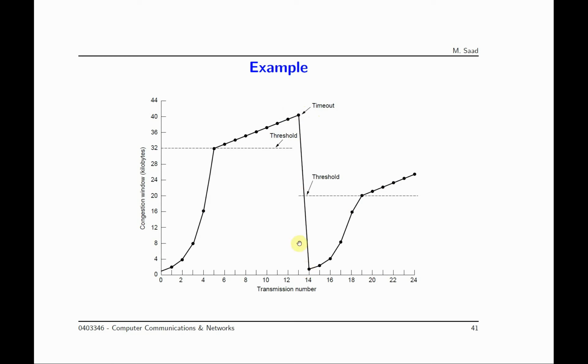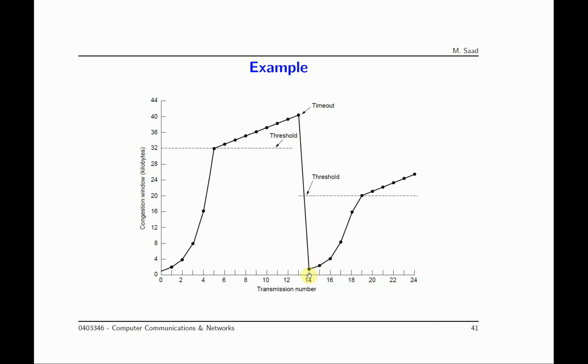So although at transmission 13 CW is equal to 40, I mean CW index 13, sorry. CW index 13 is equal to 40 kilobytes, but we get a timeout.